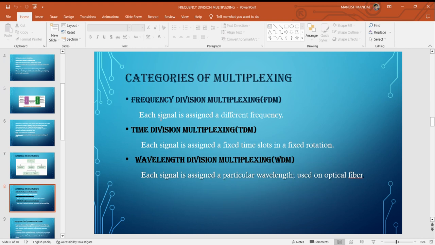In frequency division multiplexing, each signal is assigned a different frequency. In time division multiplexing, each signal is assigned a fixed time slot in a fixed rotation. In wavelength division multiplexing, each signal is assigned a particular wavelength in the channel, and it is used in optical fiber.